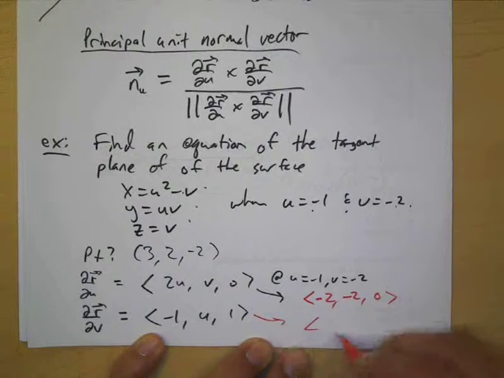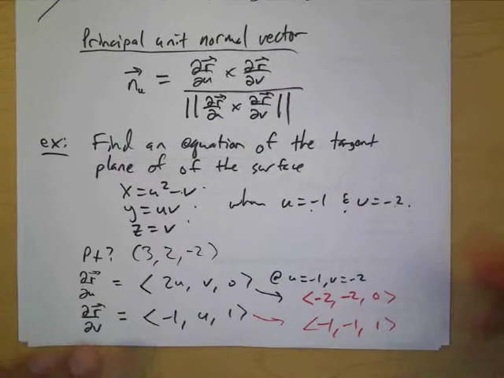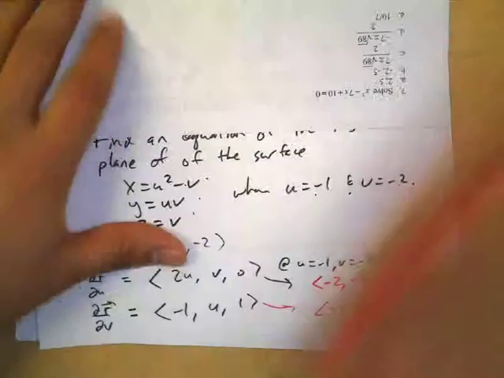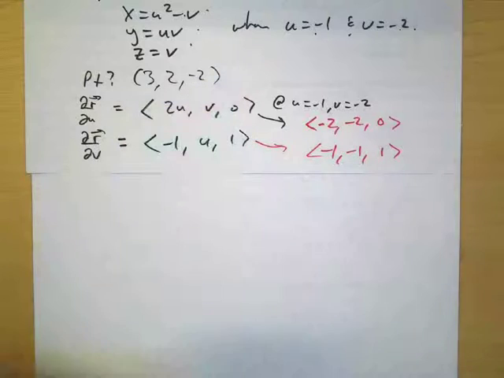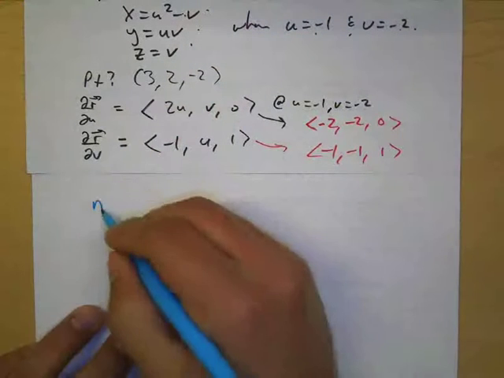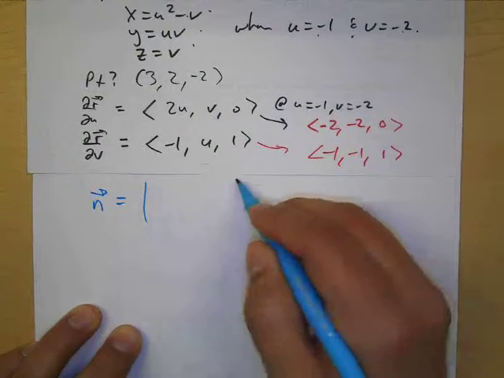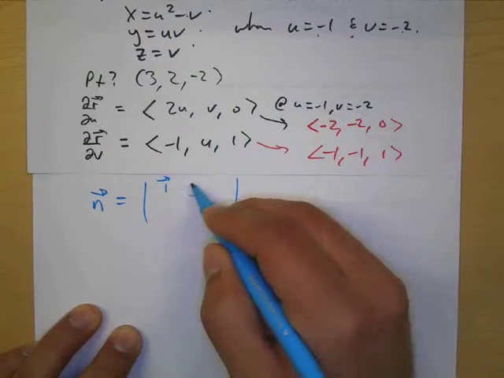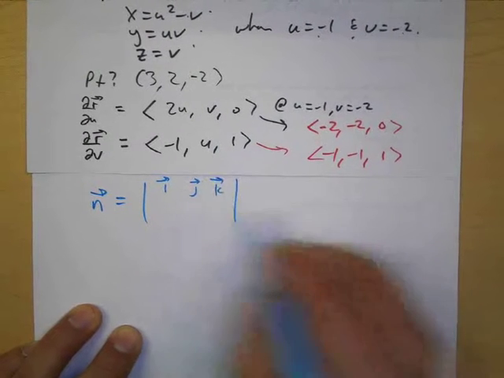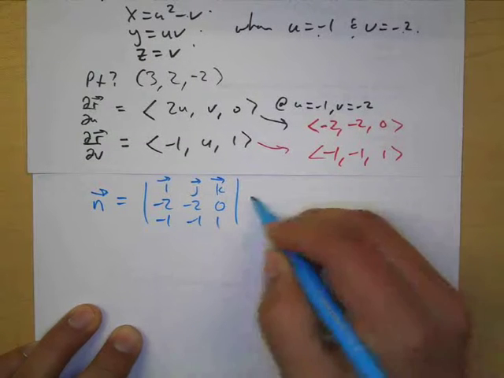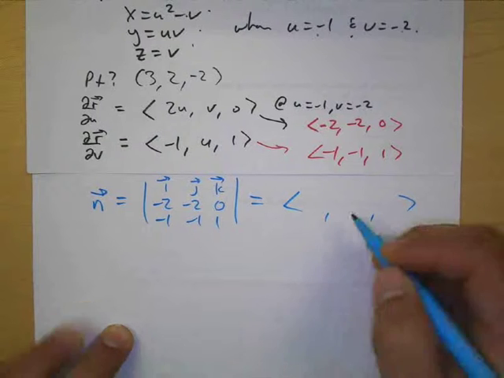Okay. So these are the two partial derivative vectors. And now to find the normal vector, we must do the cross product of those two. So the normal vector would be the cross product of <-2, -2, 0> and <-1, -1, 1>, which gives us what vector?